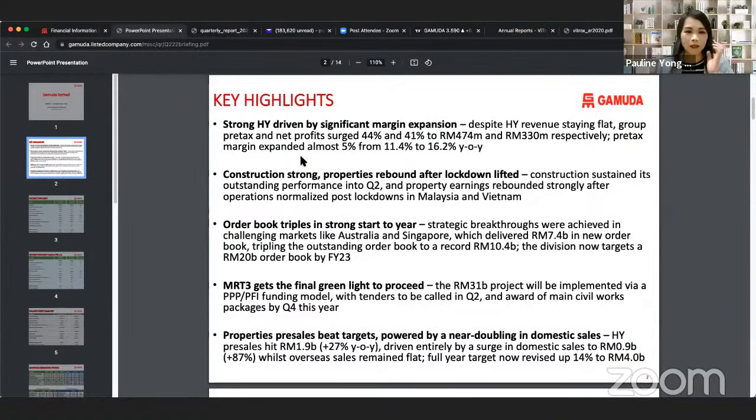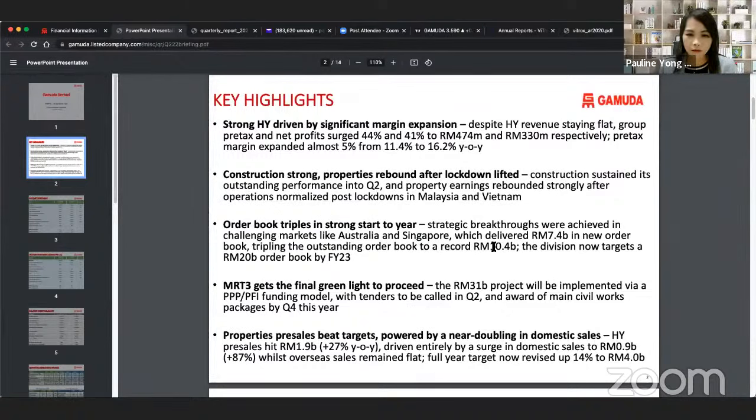The first thing is that revenue must increase. It does increase 44%. Construction is rebounding strongly, and the order book triples in a strong start to the year.